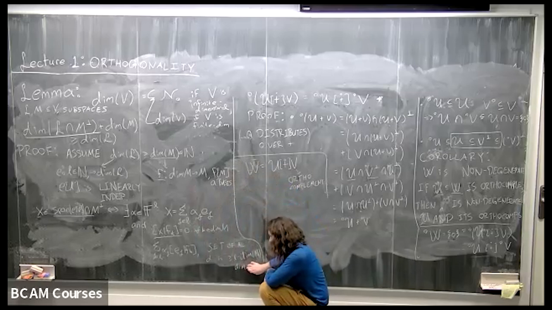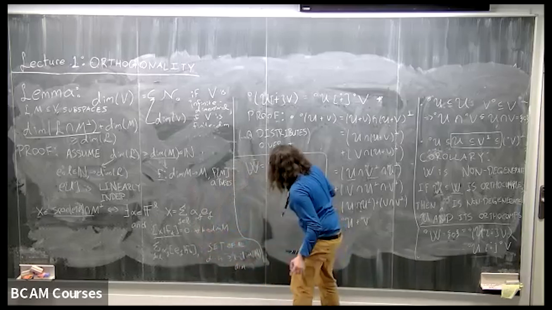The dimension of this set of all alpha is equivalent to the dimension of the intersection of the orthogonal complement of m with the span of the basis E I came up with.